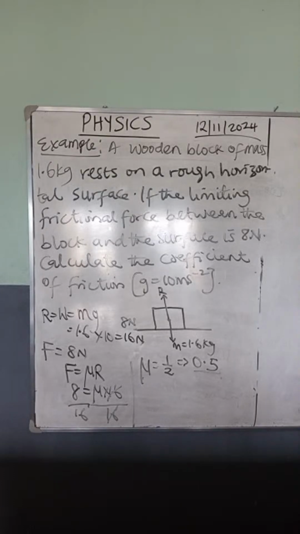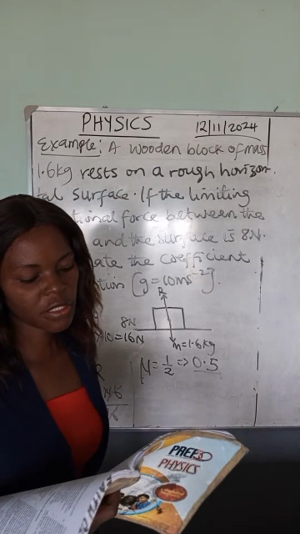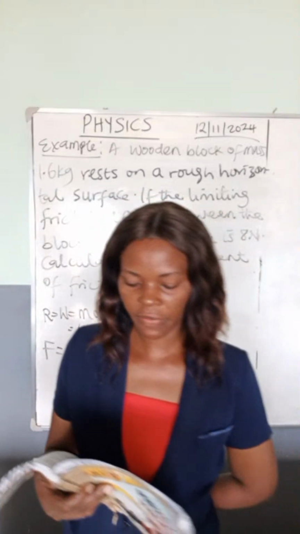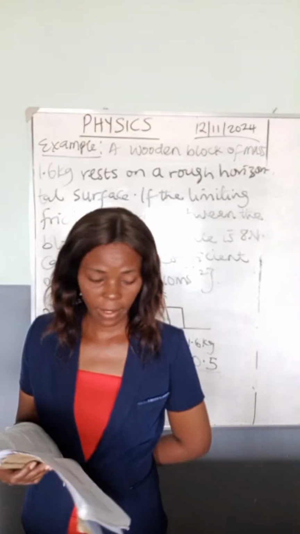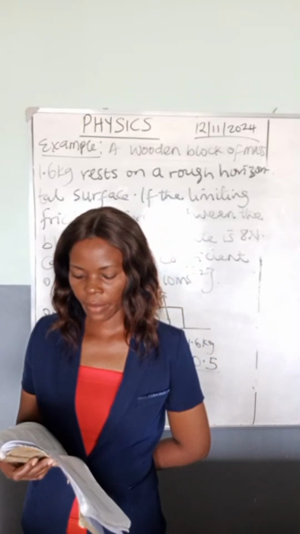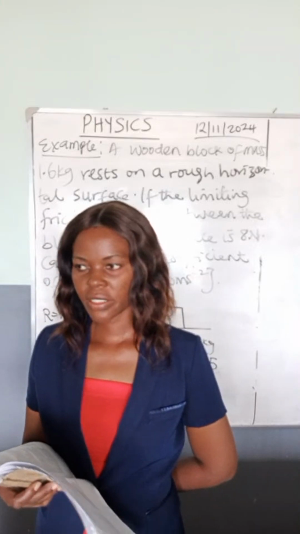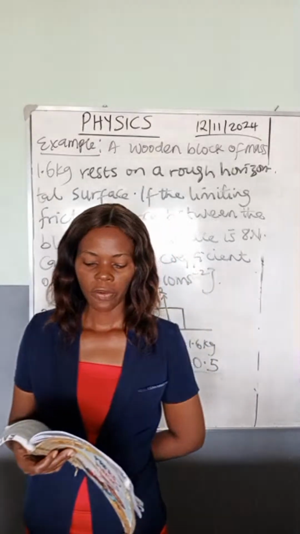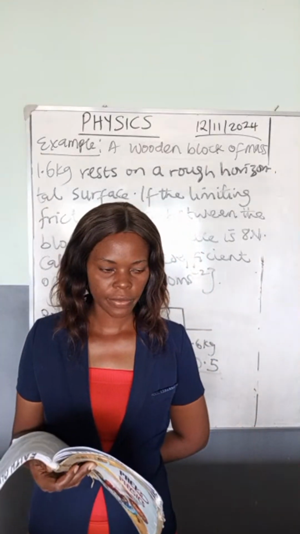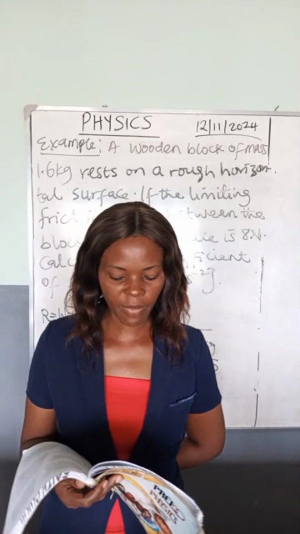A force of 20 Newton applied parallel to the surface of a horizontal table, comma, is just sufficient to make a block of mass 4 kilogram move on the table.